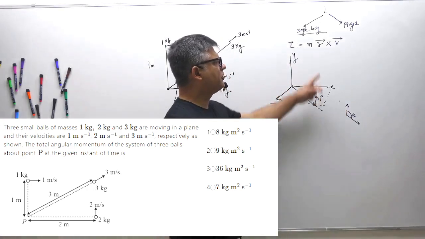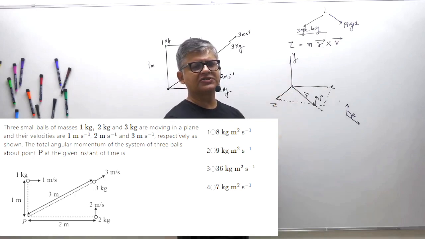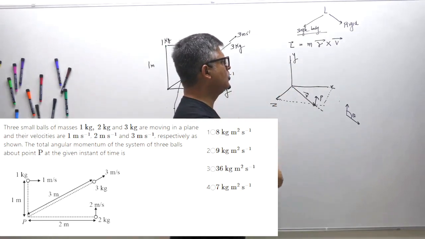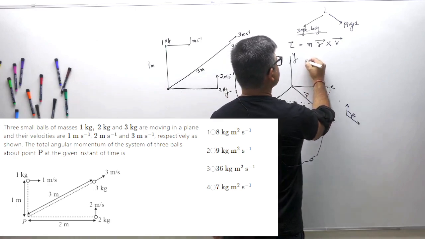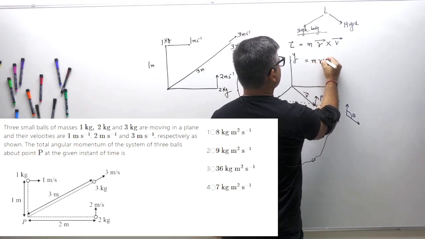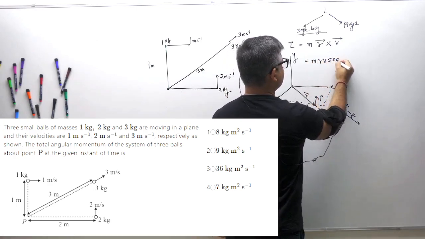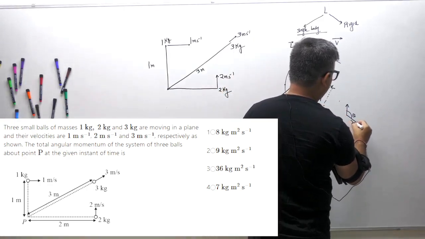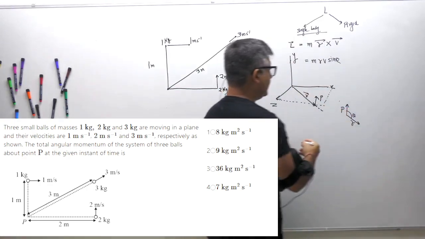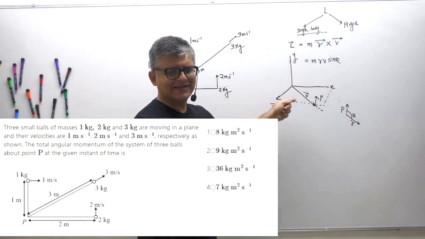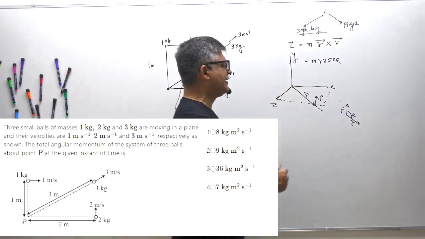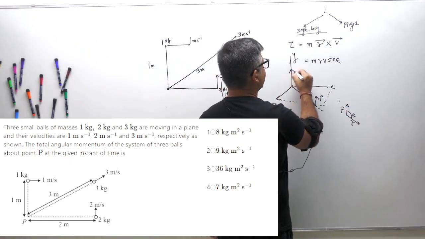What you do is A cross B. So you apply the screw rule, and what you get is m r v sine theta. And if I move it like this from r to p in the xz plane, r cross p, the angular momentum is directed upwards in this direction.